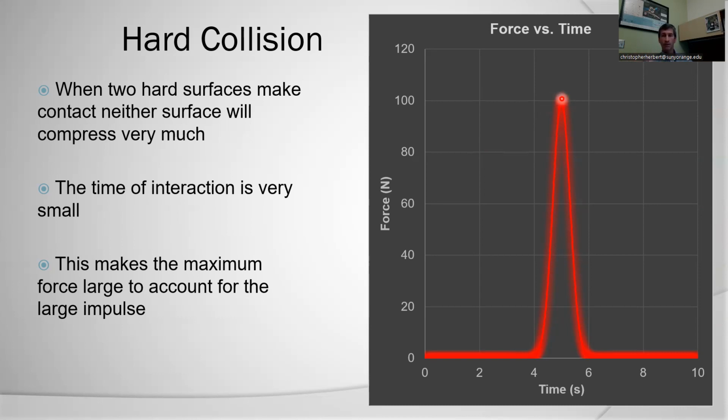So hard collisions, very rapid interactions, are something that we try to avoid in sports situations, in automobiles, in any type of thing where we want to avoid injury.